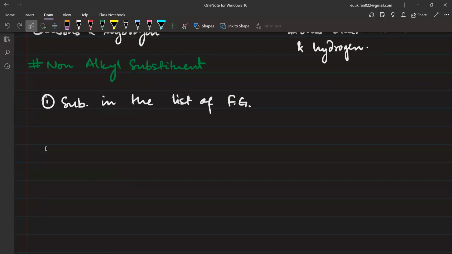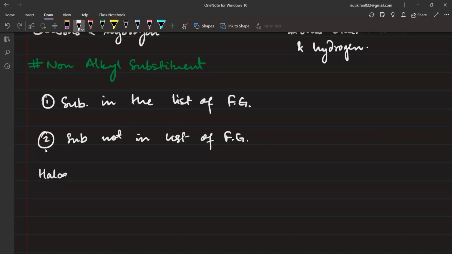What is the other one? The other one is substituent not in the list of functional group. These are very few, so you can easily remember them. First of all, you have the halogens. Halogens will be named as halo.